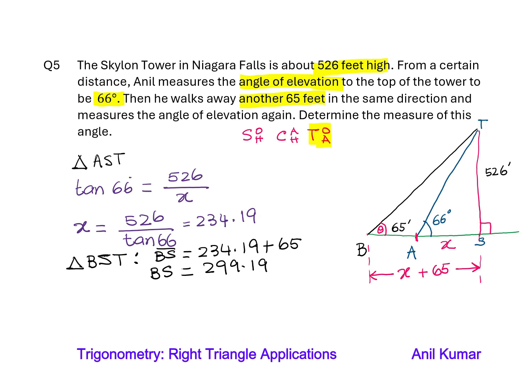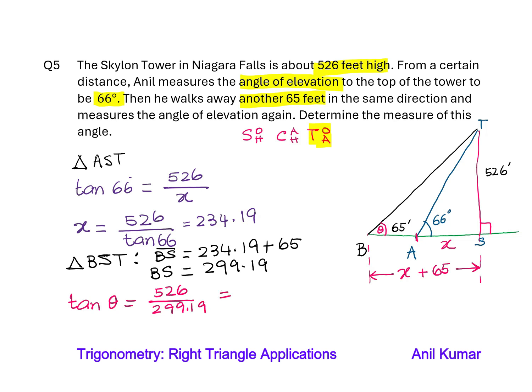Now in this triangle again, we are looking at two things, the opposite and adjacent sides, with reference to the angle of elevation theta, which we need to find. So now we can write down tan theta is equal to the opposite side, which is 526, over the adjacent, which is 299.19.